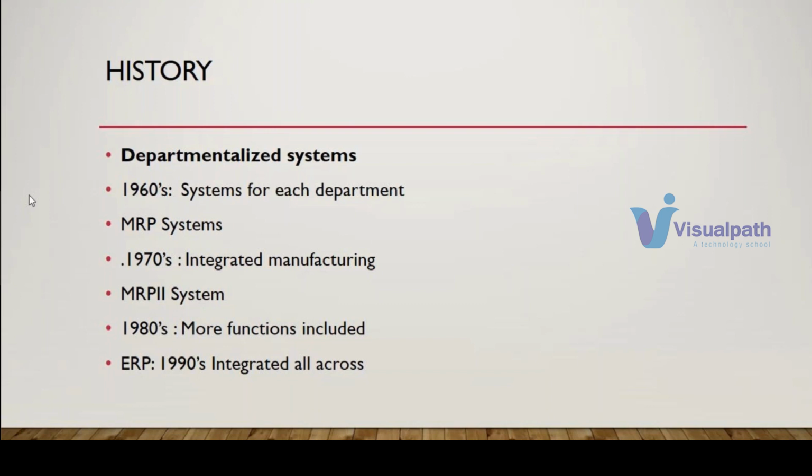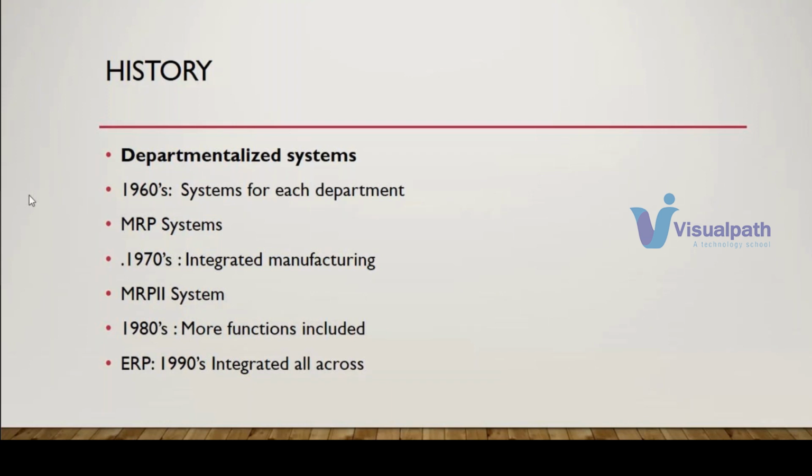Initially, the softwares were created for specific departments. Later they were integrated. All departments were separately created earlier with their own softwares. Now all departments have been integrated into one software.